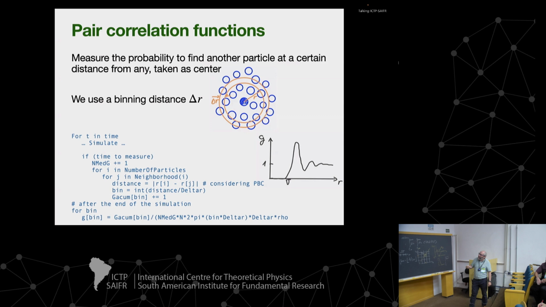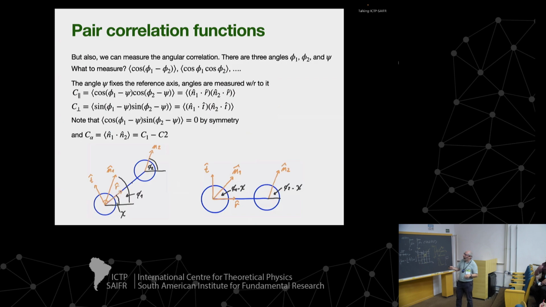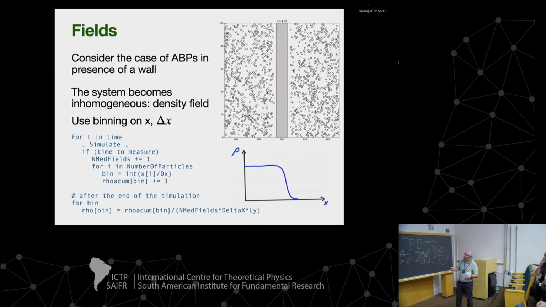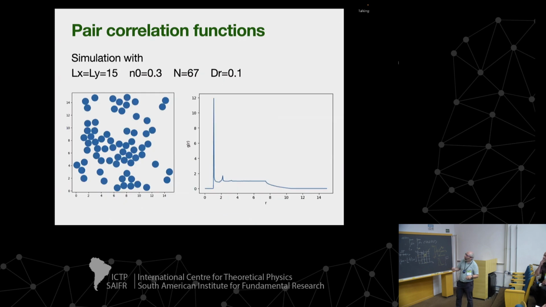When you divide by this, you were dividing by the area of this annular region. But if the distance is big, then the annular region does not have this size. And then you are dividing wrongly. Okay, so you never show this picture in your paper. You have to cut it here. And then you're happy.